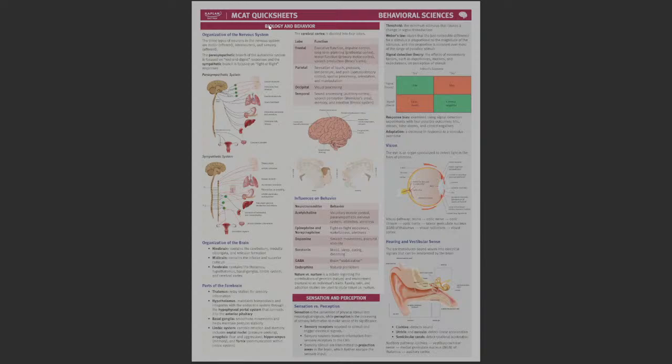All right. Biology and behavior. We're going to start with the organization of the nervous system. There's three types of neurons that we should know that make up the nervous system: a motor neuron, an interneuron, and a sensory neuron.